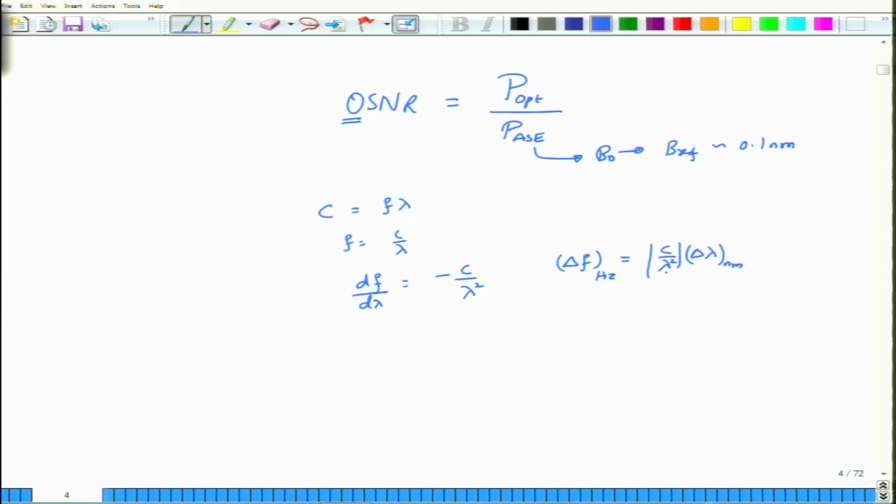So, you express lambda in nanometer, C in say meters per second or nanometers per second, and you can use this formula to find out the appropriate value of the bandwidth in hertz. It turns out, and I will leave it as an exercise for you to show, that this is roughly 12.5 gigahertz. So, 0.1 nanometer corresponds roughly to 12.5 gigahertz.